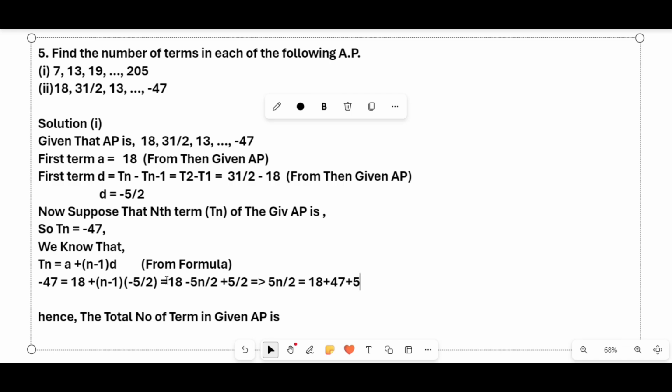Okay, if you calculate this, 5n by 2 is equal to 18 plus 47. If you calculate this, so it will be 5n by 2 is equal to 165 by 2.